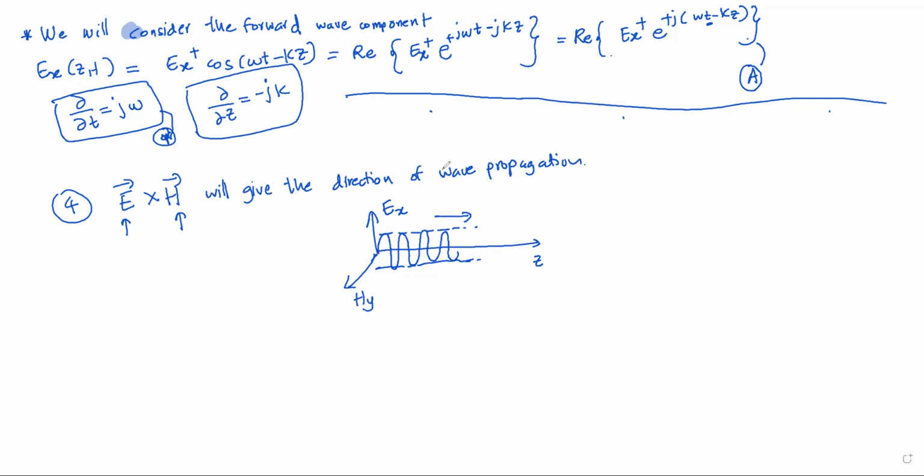You can keep the fingers of your right hand along the electric field direction and then move them towards the magnetic field direction. Once you move it, the direction of your thumb will be the direction of the wave propagation, right?